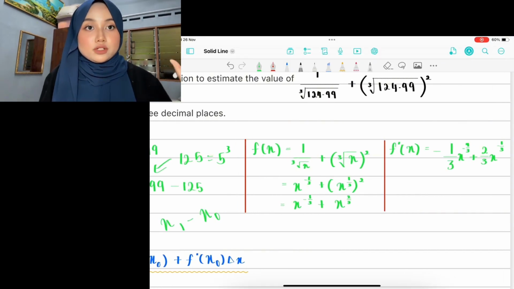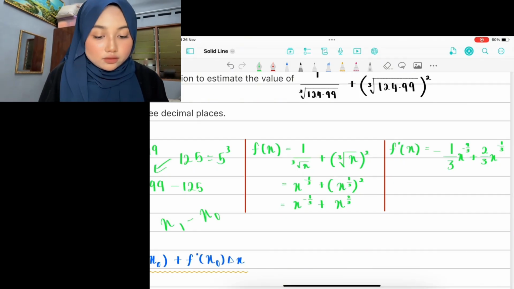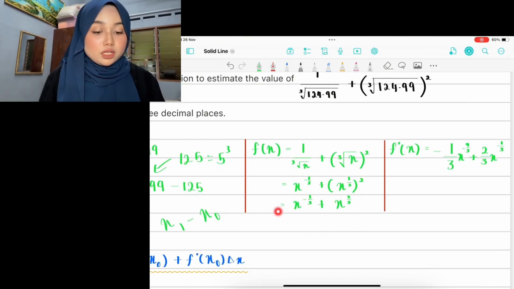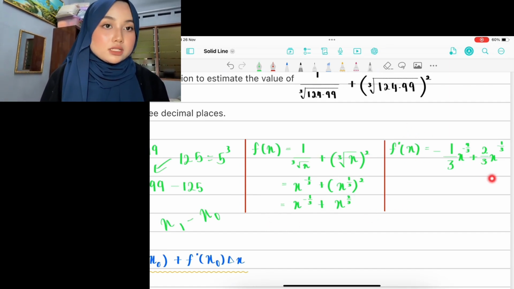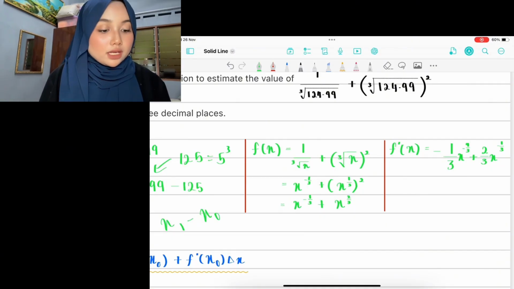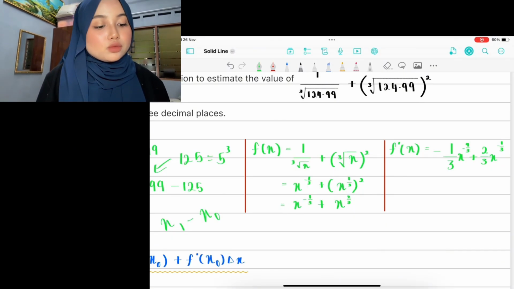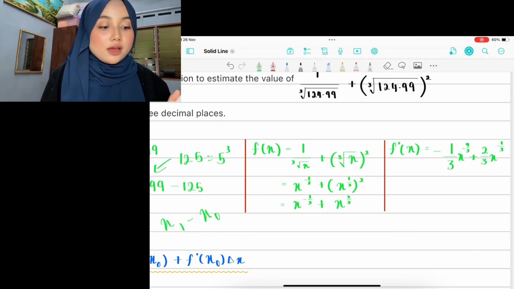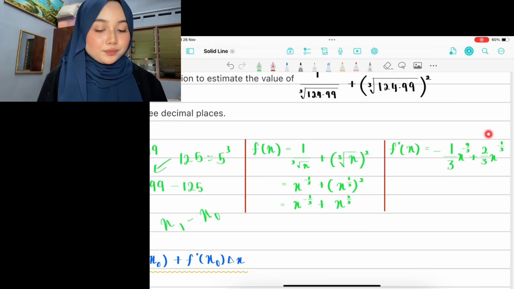Thirdly, we will differentiate the function that we already defined, so we get f prime. f prime here, I got the answer negative 1/3 x^(-4/3) plus 2/3 x^(-1/3), as we can see here.